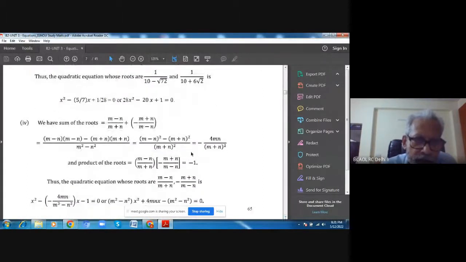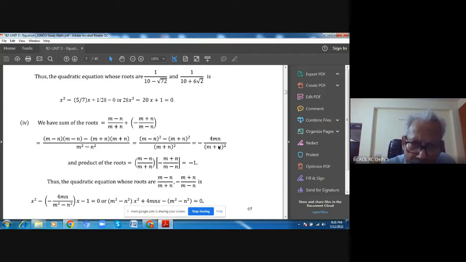Here also you see two roots are given. The sum is given, and after that this is the product. There are two things you have to be careful about: sum and product, of alpha and beta. In this case it is a sum, it is a product. What are the values coming?